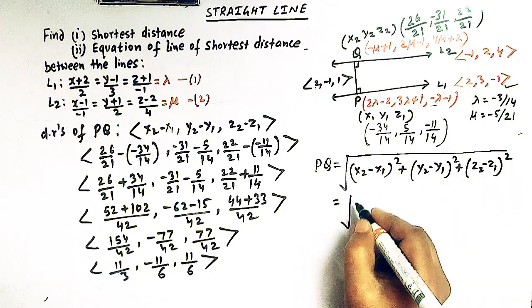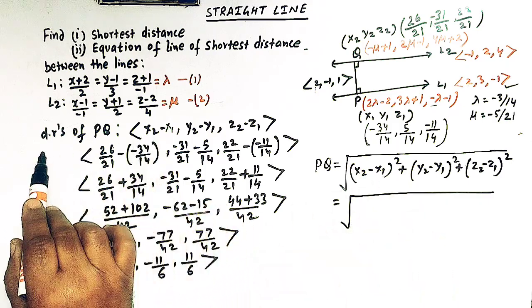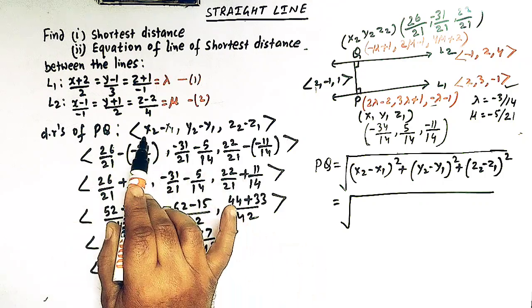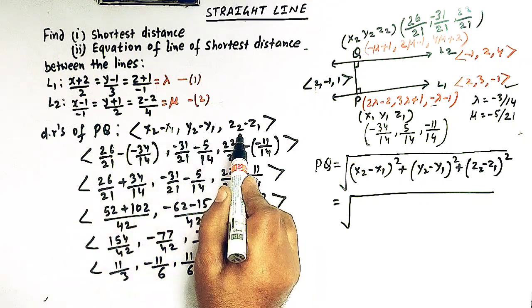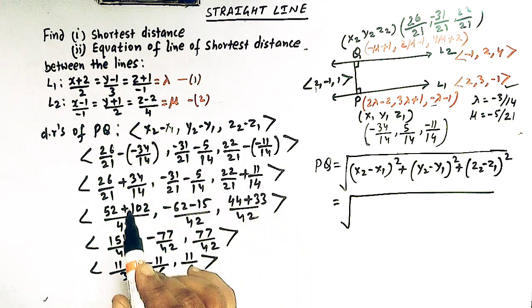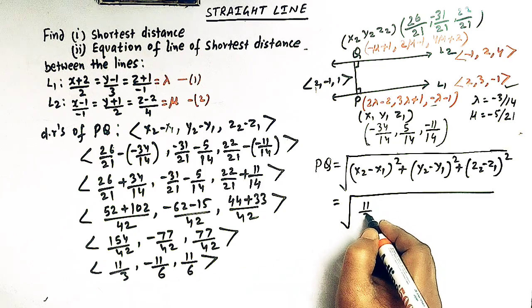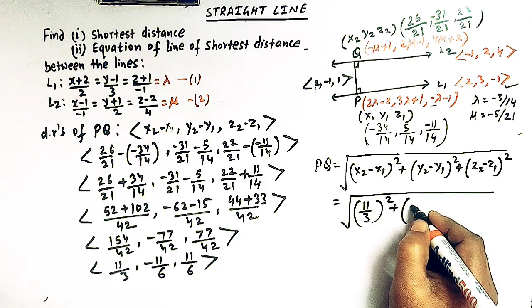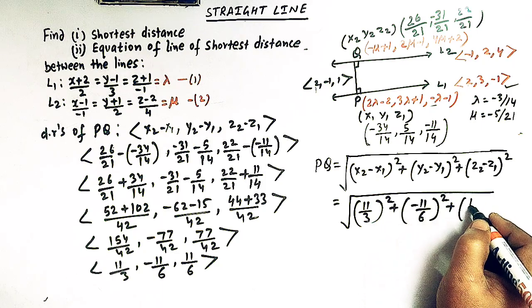Now see, when we calculated the direction ratios of PQ, we obtained the values of x2 minus x1, y2 minus y1, and z2 minus z1. So x2 minus x1 may be taken as 11 over 3, right? So here we have 11 over 3 square, then minus 11 over 6 square, and then 11 over 6 square.